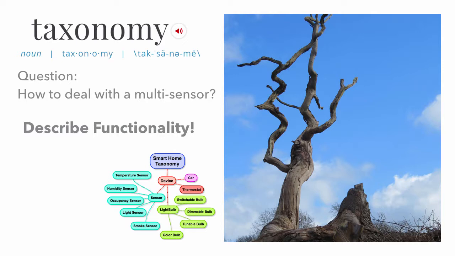So we could simply say we have a device type which is a multi-sensor, and it has the capability or functionality to measure 5 different things, which are temperature, wind, and so on. And by that, we are now really able to more easily describe the devices that we come across, because many of them have subtle differences in what they offer and how they can be used.